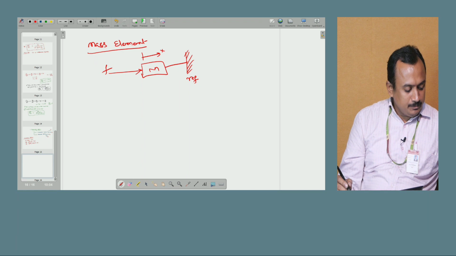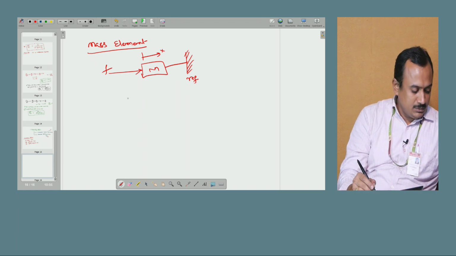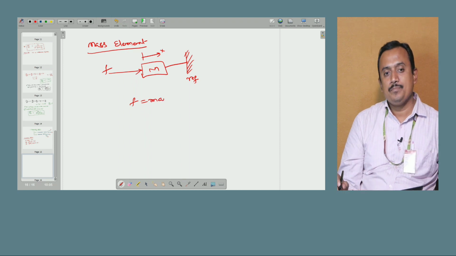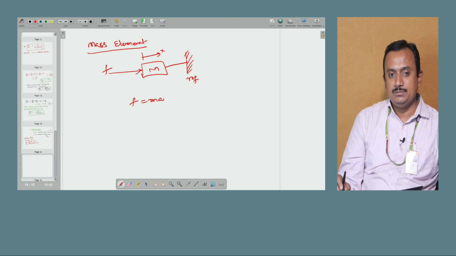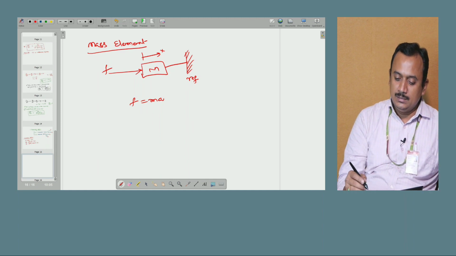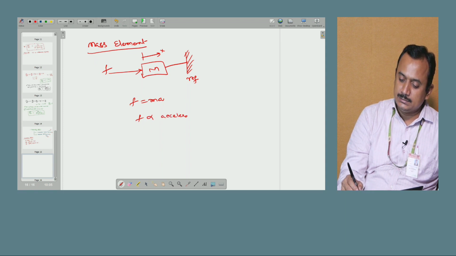And as per Newton's law, this force is equal to ma. That is the force equation. F is equal to ma, where we can say in the mass element the force is proportional to a, that is acceleration.